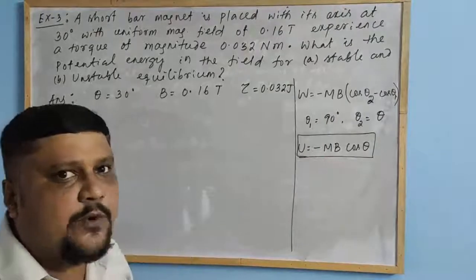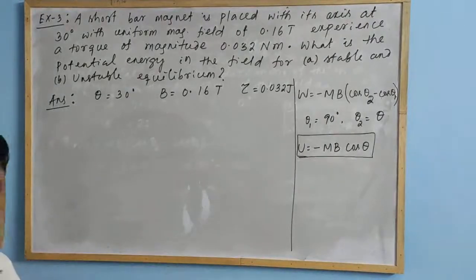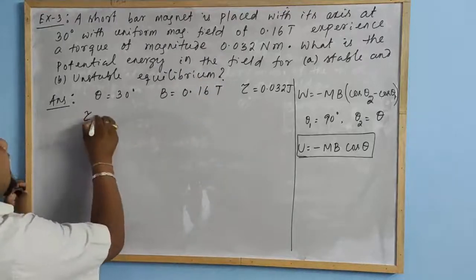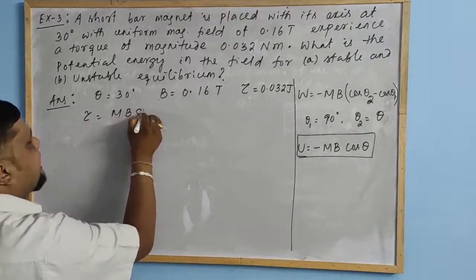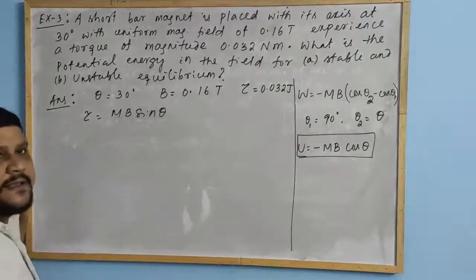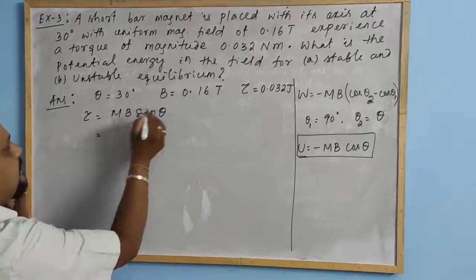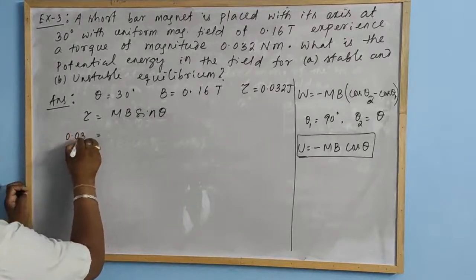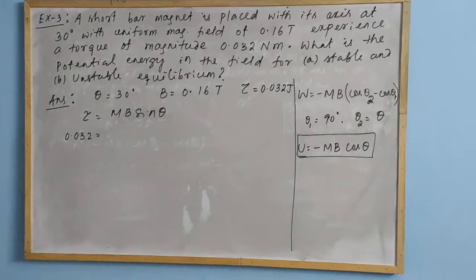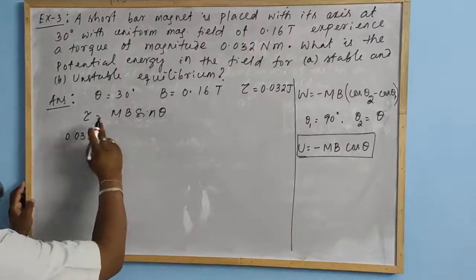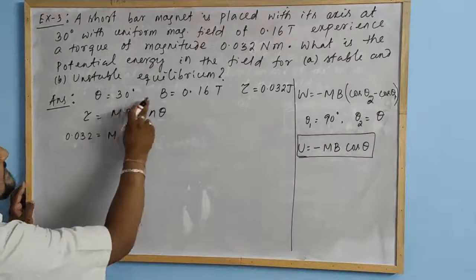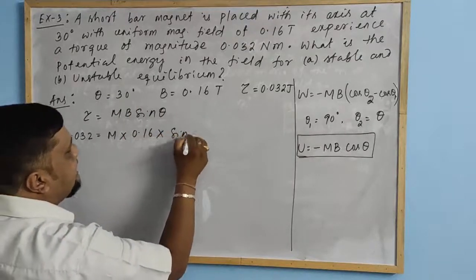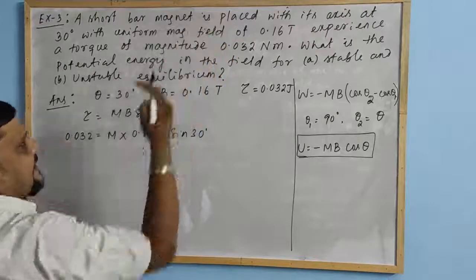M is the dipole moment. To calculate the dipole moment from this data, you already know the formula for torque: tau is equal to mB sin theta, m cross B. Tau is given as 0.032, B is 0.16, and theta is 30 degrees from the initial data.